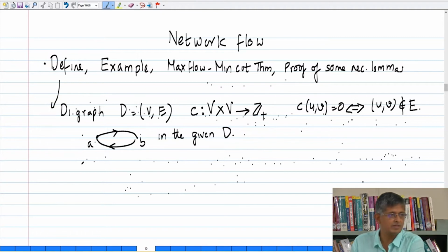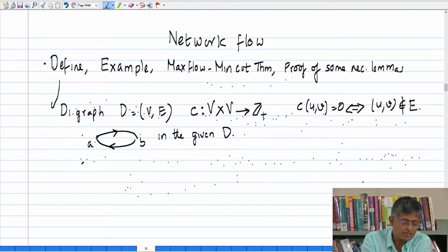We will create some intermediate graphs in which this property will not be enforced. We will keep that also in mind, and I will draw your attention to where in our mathematical analysis we use this particular property. This is called an anti-parallel edge: A to B an edge and B to A an edge. This is not there in the given graph.